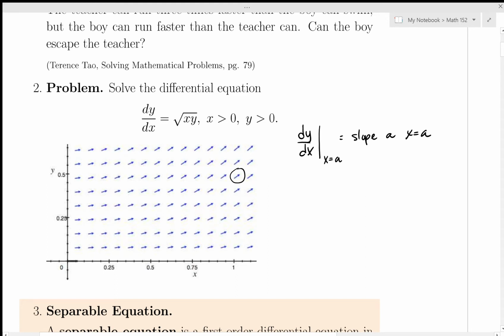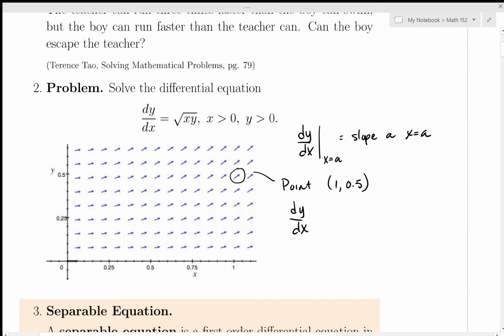We have a point here, which I've indicated, 1, 0.5. And we can actually calculate dy by dx. This is how we make the direction field. We don't have to solve the differential equation and take a derivative. We already know what the derivative is.